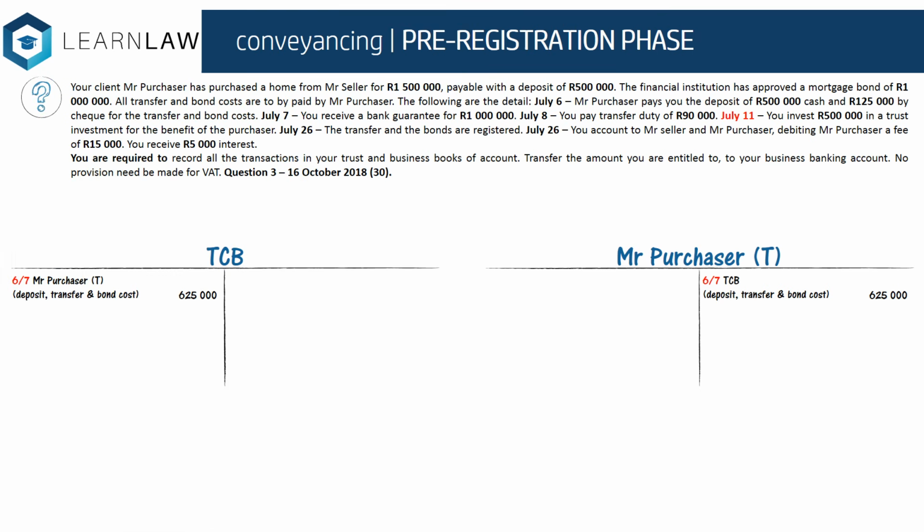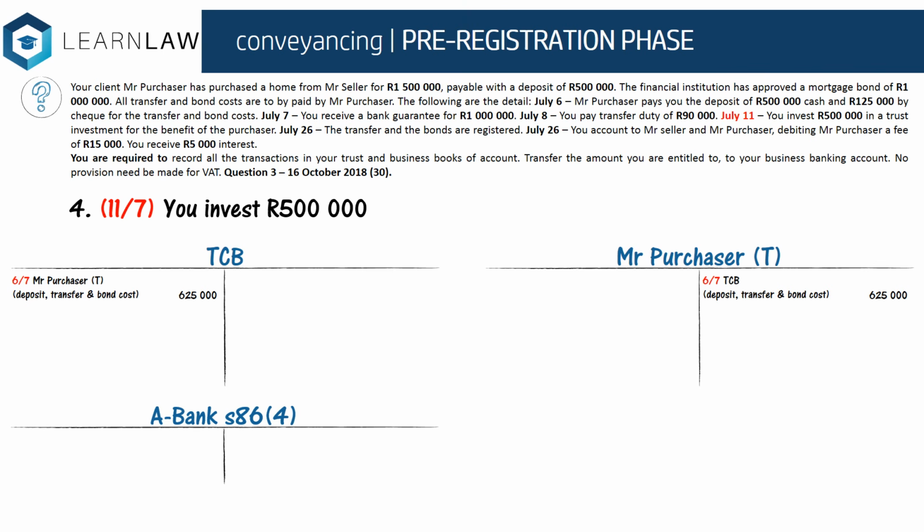On 11 July, you invest 500,000 rand to the benefit of Mr. Purchaser. If the investment is to the benefit of Mr. Purchaser, what type of investment is this? If the purchaser will derive a benefit, it must be a Section 86(4) investment.